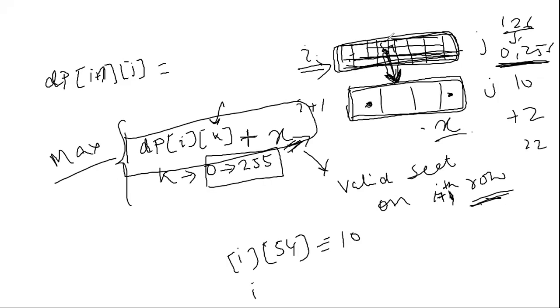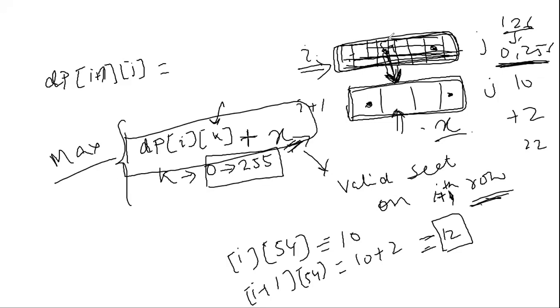So my I+1, and it's all DP, and maybe this current configuration is 10 plus 2. I can say I have a solution which can give me 12. But maybe if you choose something else here, you are able to seat just one guy here, for example. In that particular case, whatever the best value on the top row was, maybe that was already 20, then 20 plus 1 is 21, which is still better.